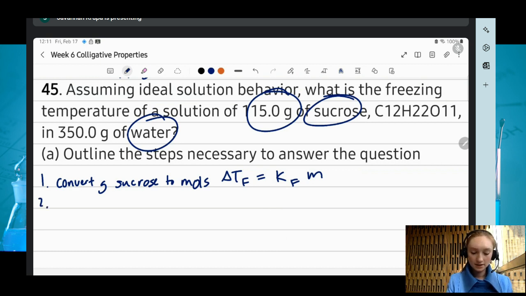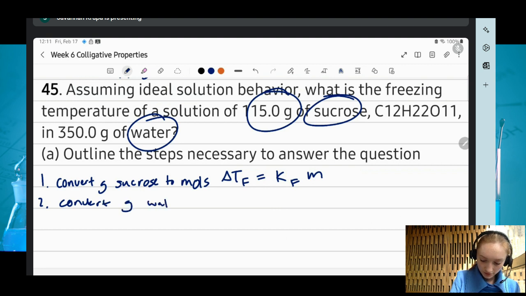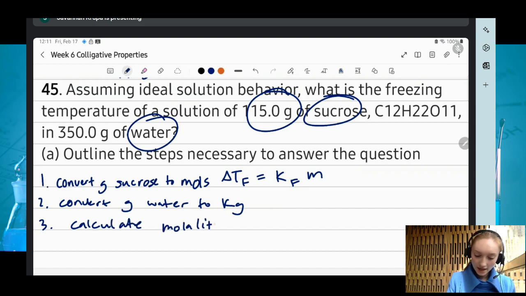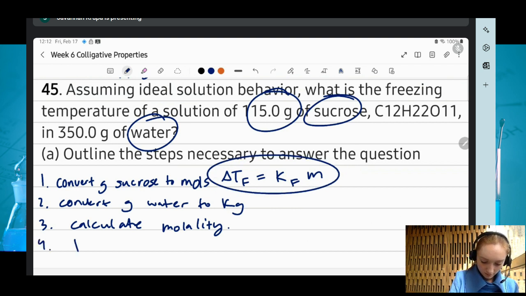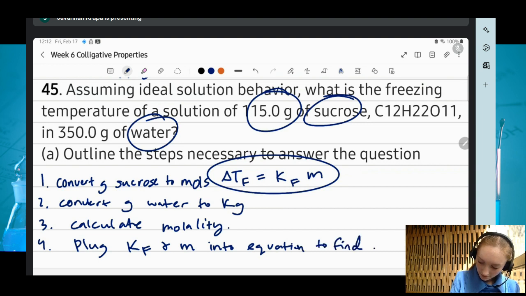And then number 2, we need to convert grams of water to kilograms. And then once we have those two, we can calculate the molality. And then finally, all we have to do is plug it into the equation that we just wrote out here. Plug KF and m into the equation to find delta TF.